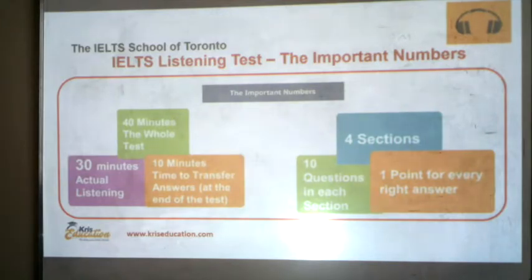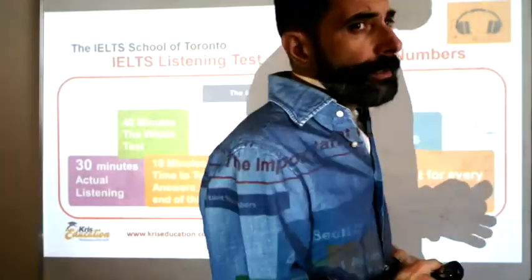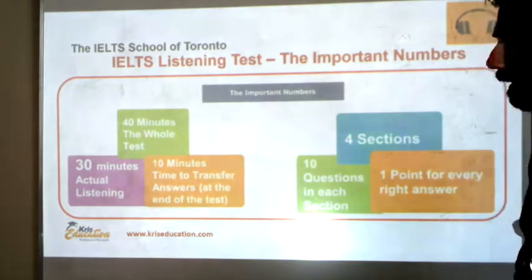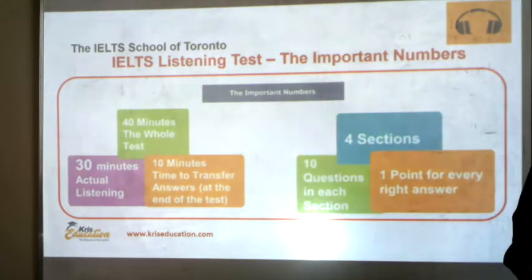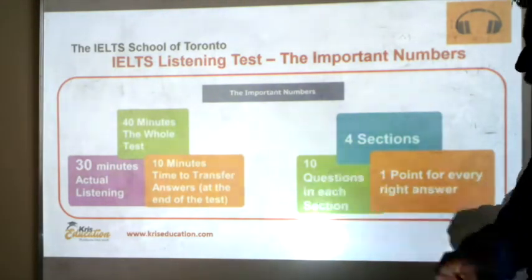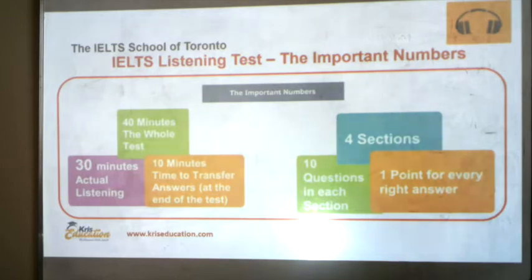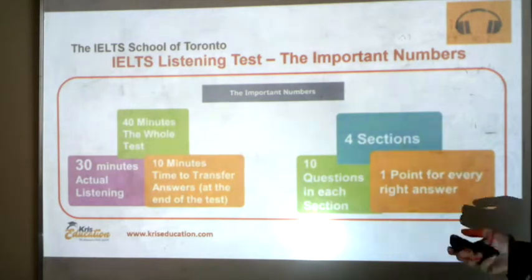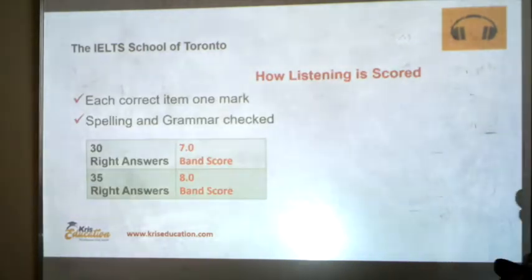There are 4 sessions. The sessions increase in difficulty. The first session is the easiest and the last one is the most challenging one. There are 10 questions per session and 40 questions as already said, and you score 1 point for every right answer.